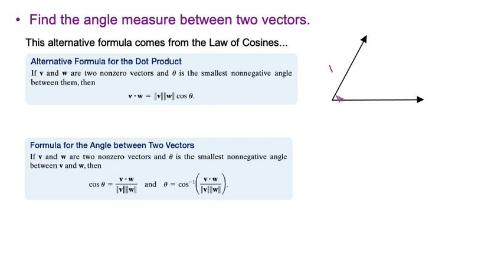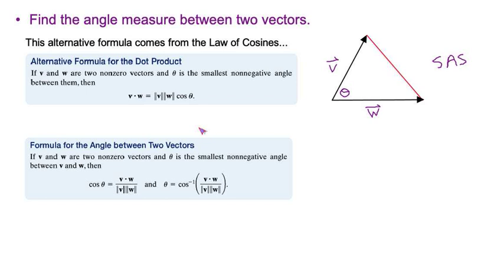If we let these represent the 2 vectors v and w, and then this is the angle between them, notice if I finish this out here, made it into a triangle, this would look like side angle side. Side angle side is a pattern where we would use law of cosines.